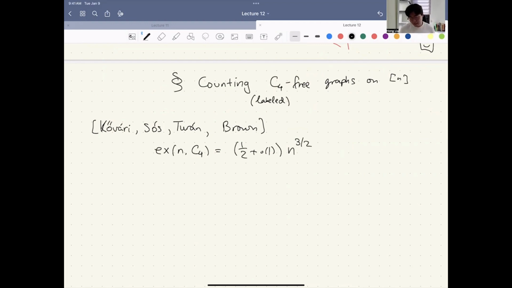So let's look at the number of C4-free graphs.